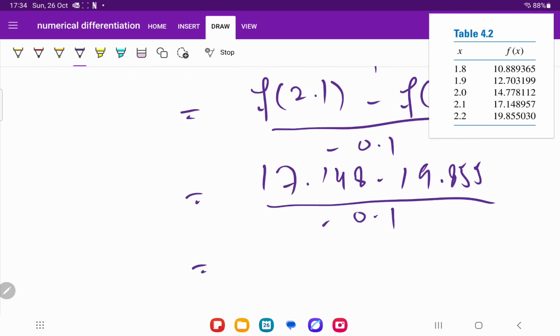So the final answer is 27.15. That is the answer for f dash of 2.2, and we have obtained it through the backward method.